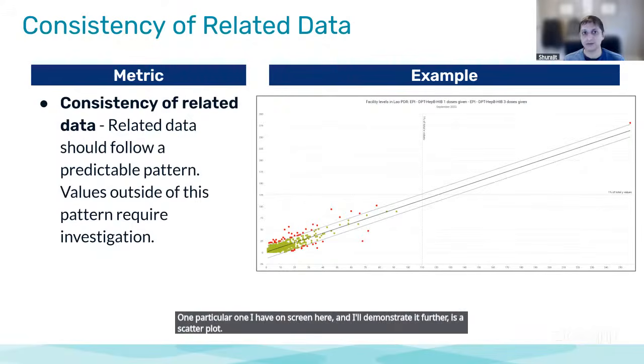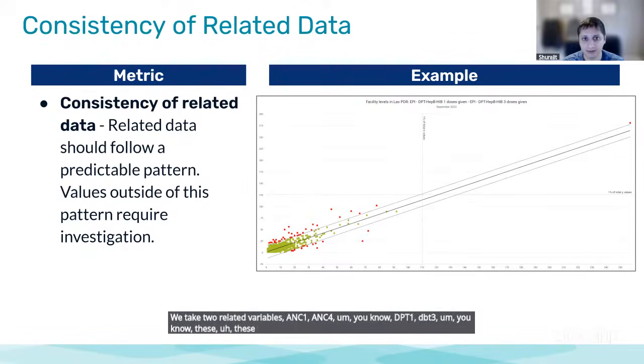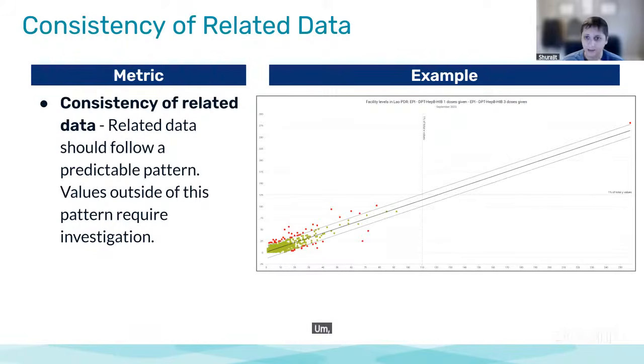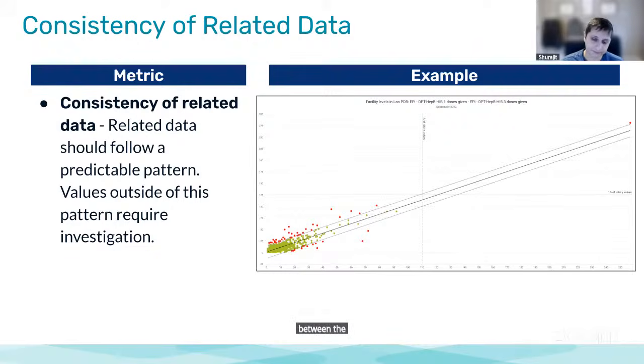We take two related variables, ANC1, ANC4, DPT1, DPT3, variables that have a relationship of some kind, and we analyze the difference between them. When we identify a significant difference from the expected relationship, we want to check if something is wrong on one side versus the other.